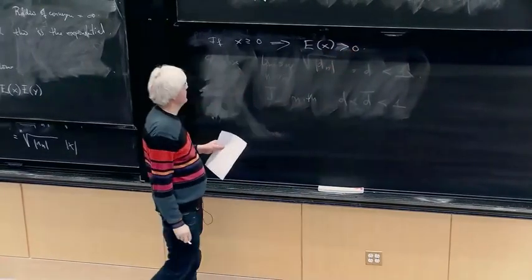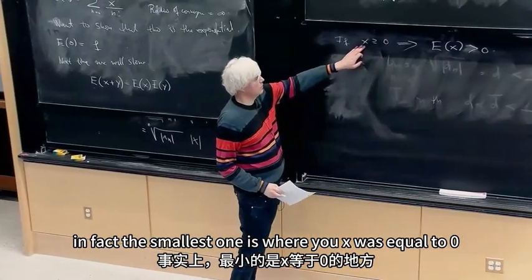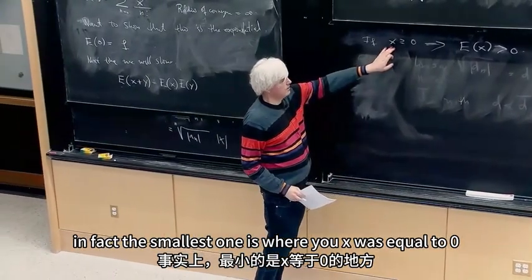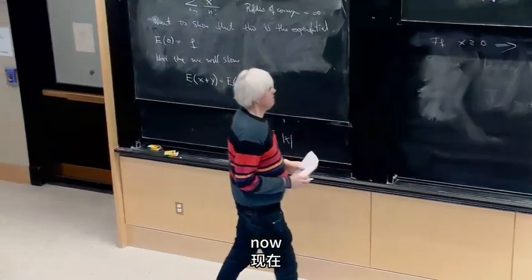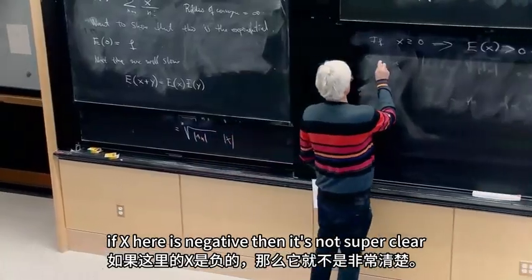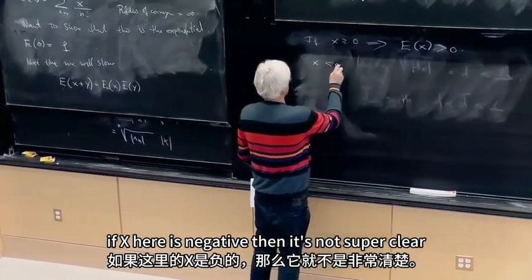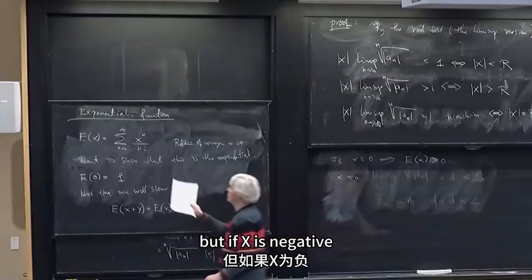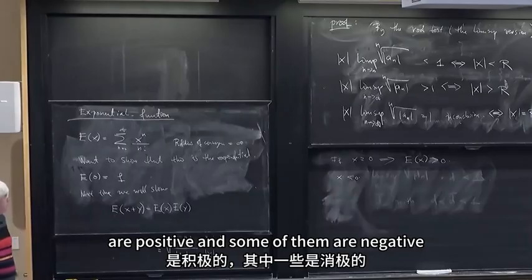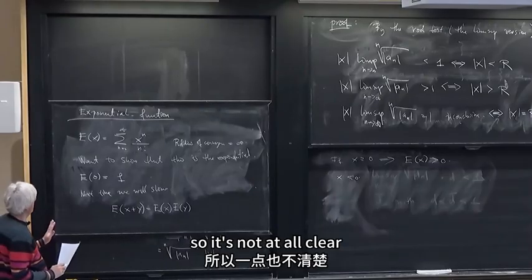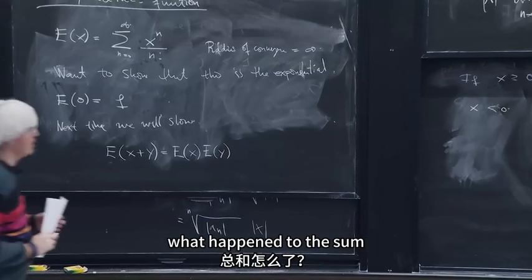In fact, the smallest one is where x equals 0, but in that case you get 1. Now, if x is negative, then it's not super clear. Some of the numbers you'll be summing are positive and some are negative, so it's not at all clear what happens to the sum.